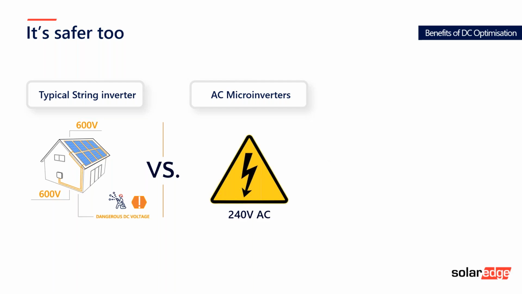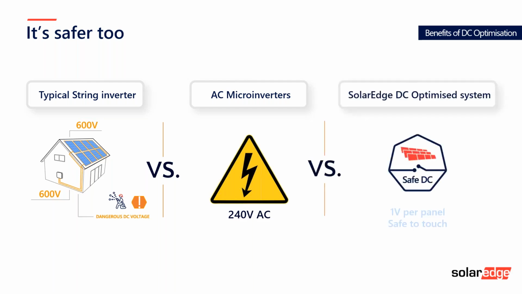But it's not necessarily the same as our solution, where the optimizer literally drops the panel's output to 1 volt per panel. So if there's 10 in the string, there's only 10 volts DC. And we feel that's probably the safest solution you can have, particularly when you combine that with our SenseConnect capabilities, being able to detect the temperature anomalies that lead to arc faults in MC4 connections, and there's plenty of them on the roof.